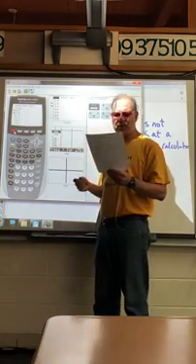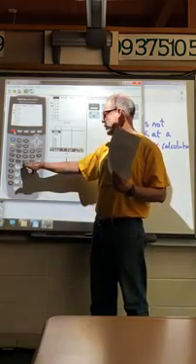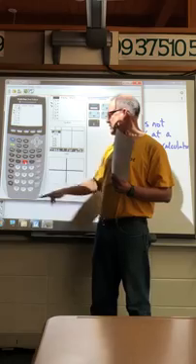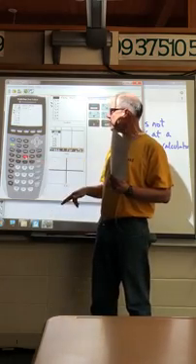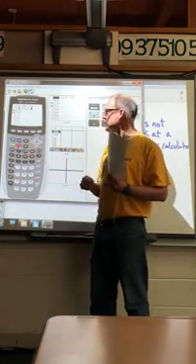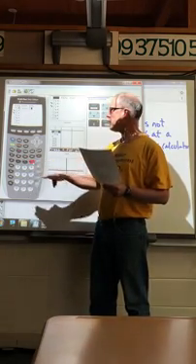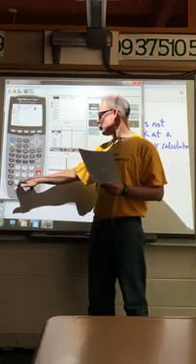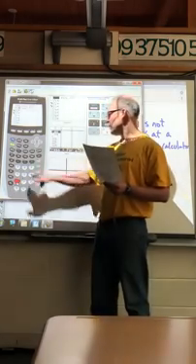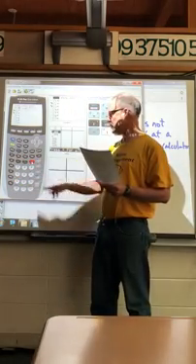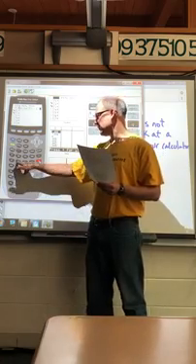Okay, so then we need to put parentheses around that numerator. So parenthesis cosine x, and then a parenthesis minus 1 parenthesis divided by x.